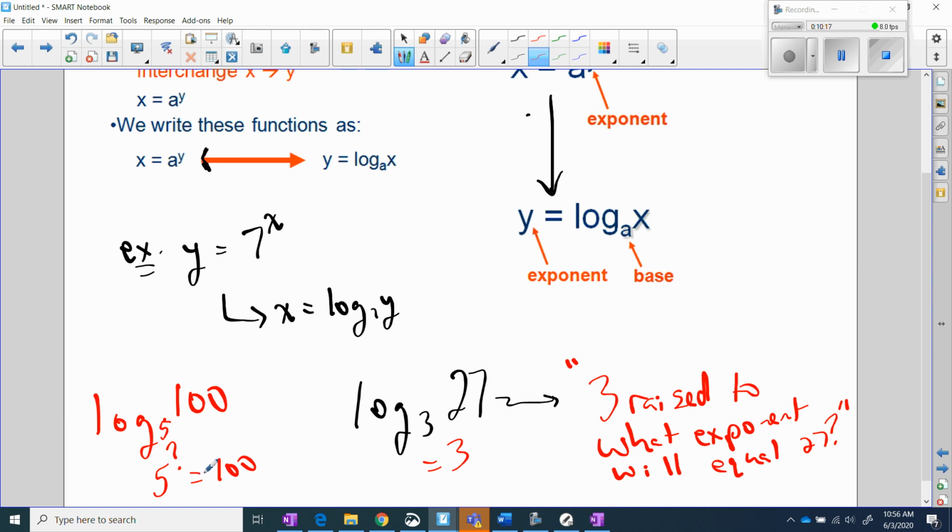I'll eventually show you how you can do these on a calculator. Depending on your calculator, some of you may have calculators that let you type this exact statement in. Most don't, so I'll show you how you can use certain bases on calculators to manipulate your way through some of these other bases. We'll get to that later on.